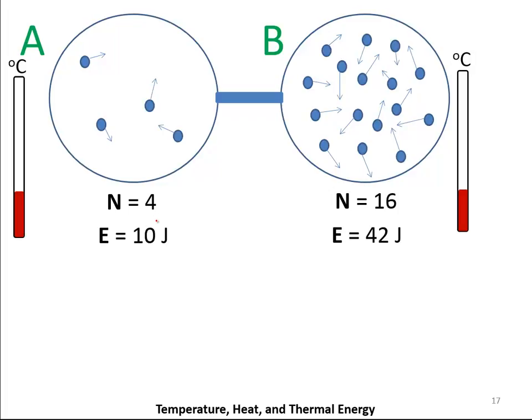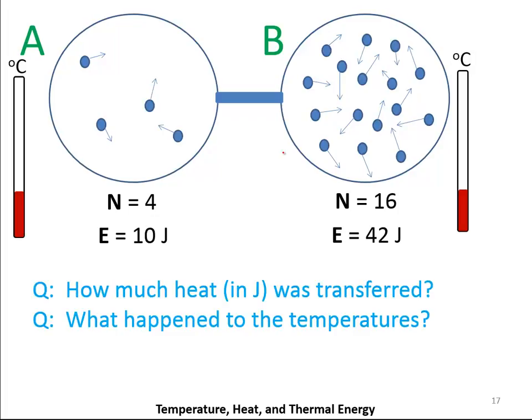So we went from 20 joules to 10 joules on the left side, and over here sample B went from 32 joules up to 42. So consequently, you can see that 10 joules of thermal energy was transferred, and the temperatures became equal.